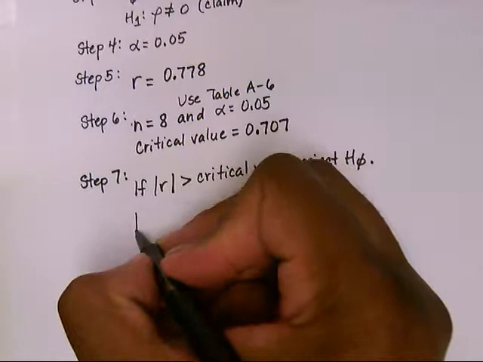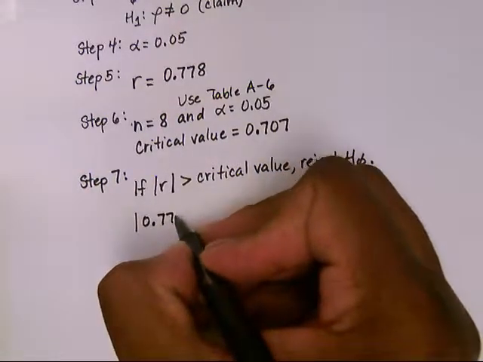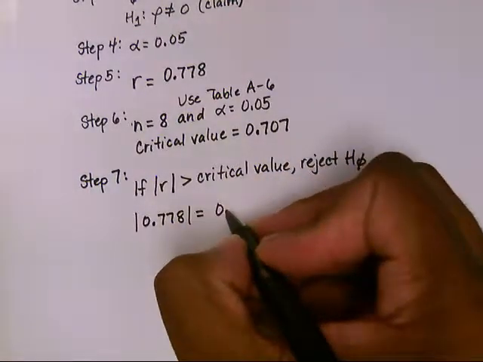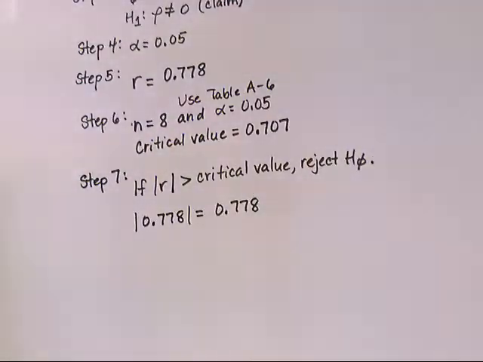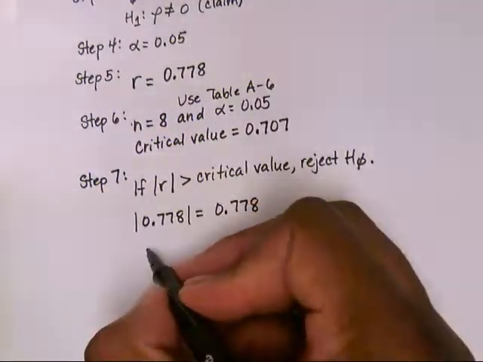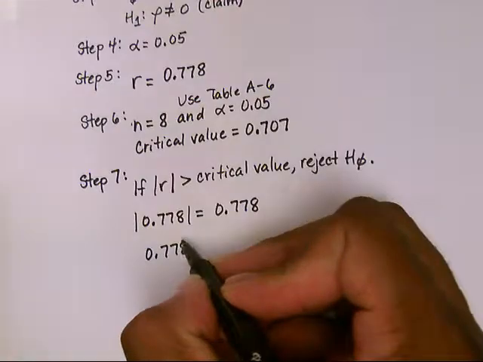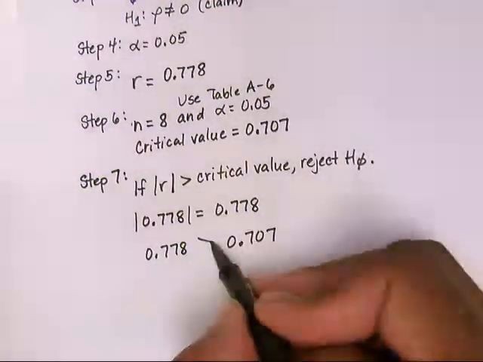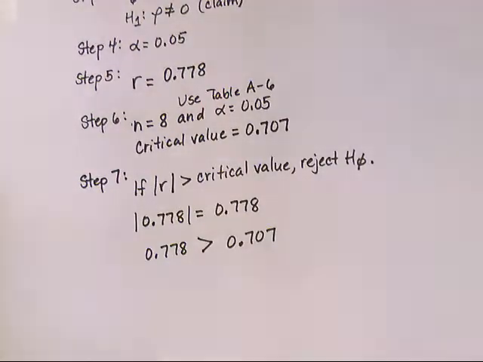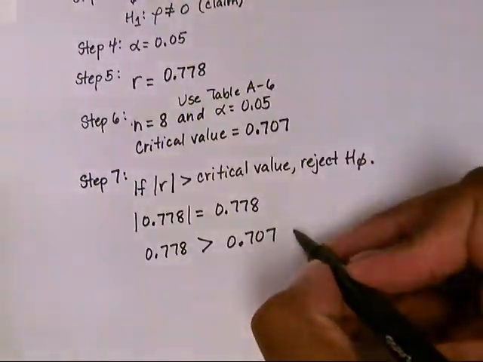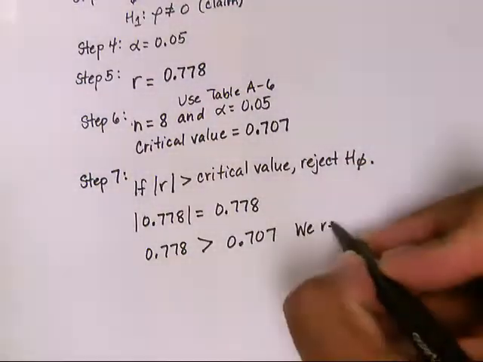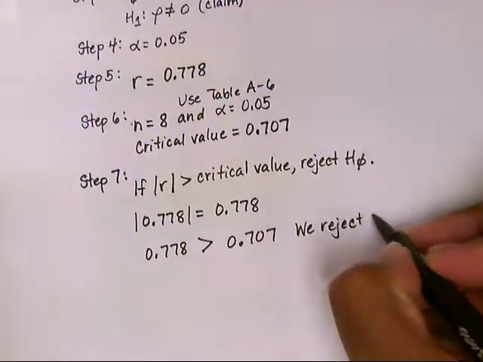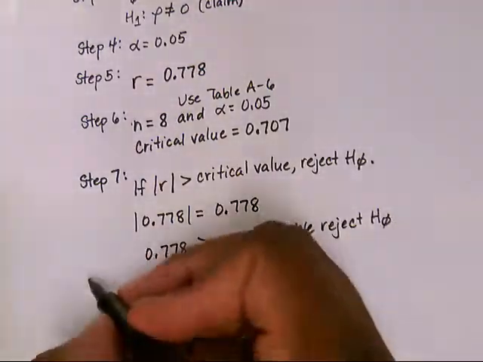Now the absolute value of R, or the absolute value of 0.778, is 0.778. Compare that to our critical value of 0.707, you'll see that it is greater than. 0.778 is greater than 0.707. That does satisfy our decision rule, so that means that we reject the null hypothesis.